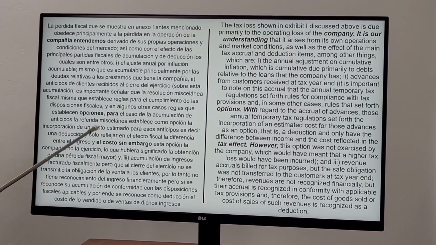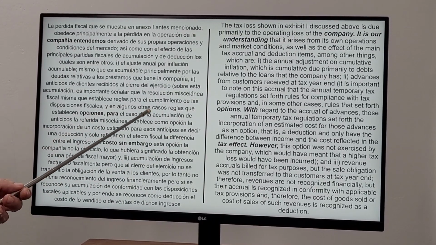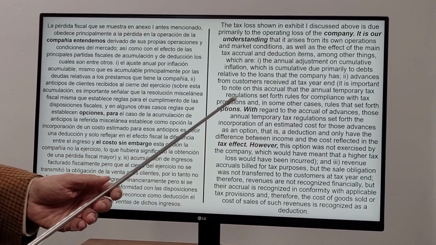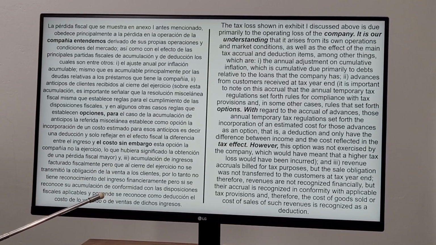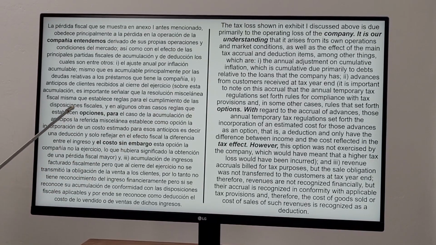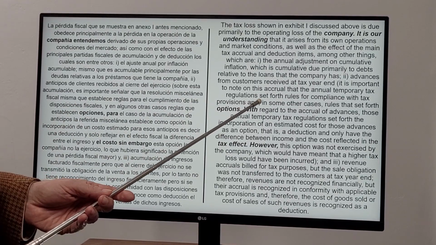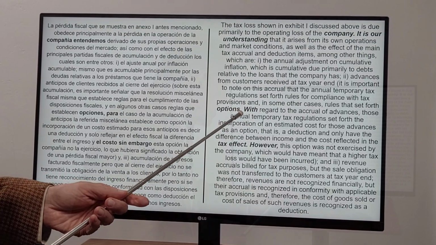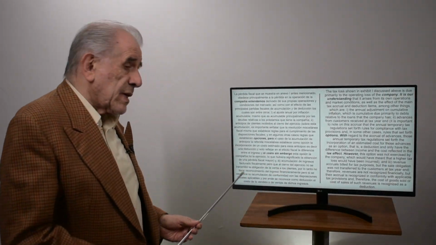Well, no big problem. And it says, y en algunos casos, otros casos, in some other cases, we end here with a comma. There is no comma in Spanish. And we continue with que establecen opciones. Rules that set forth options. And with options, we end this second sentence.